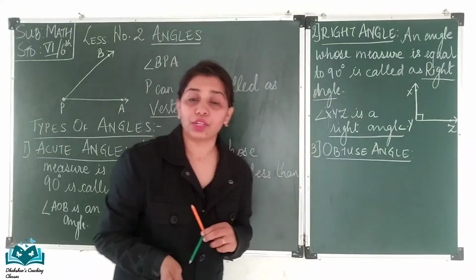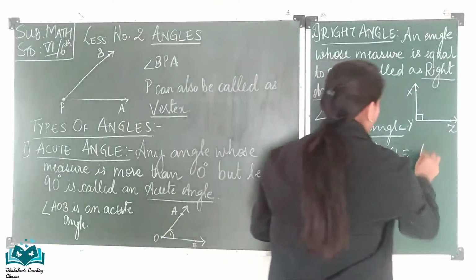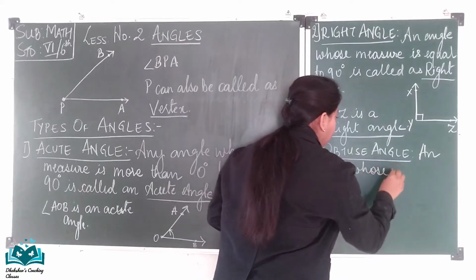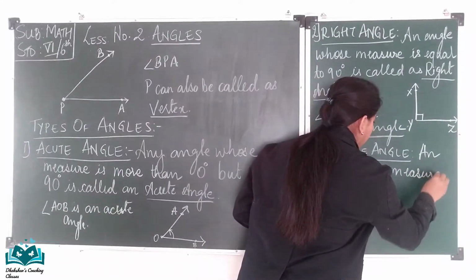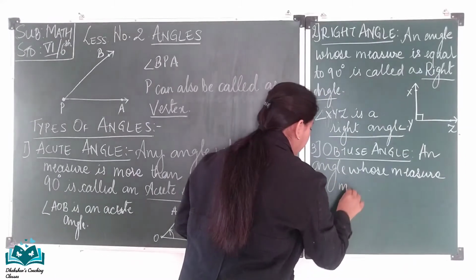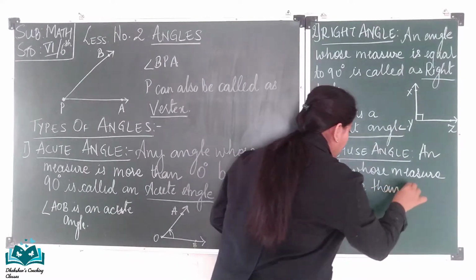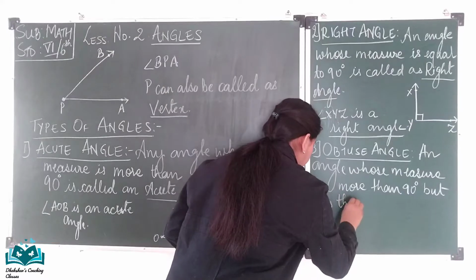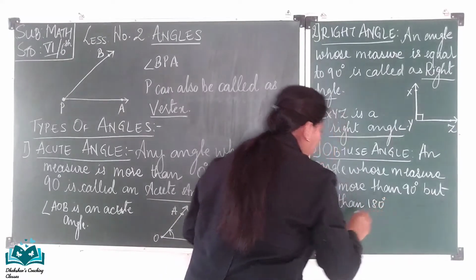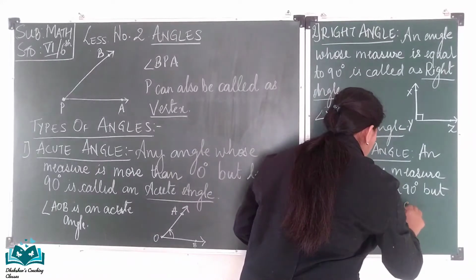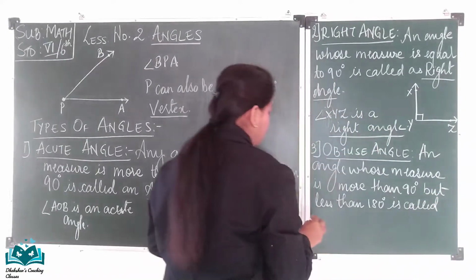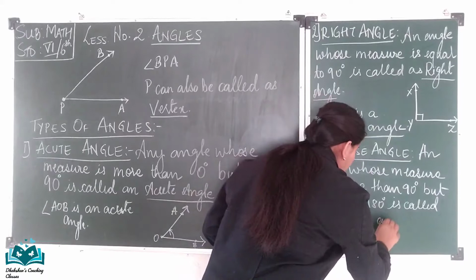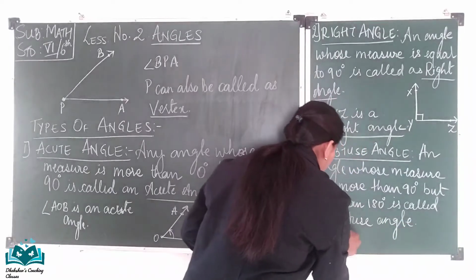So, we will quickly write down the definition for obtuse angle. An angle whose measure is more than 90 but less than 180 degree is called an obtuse angle.